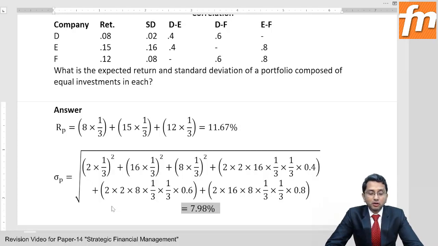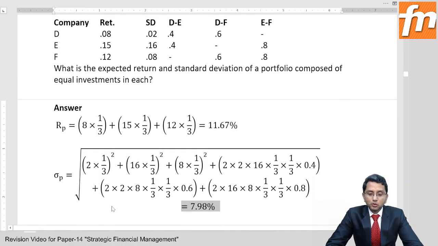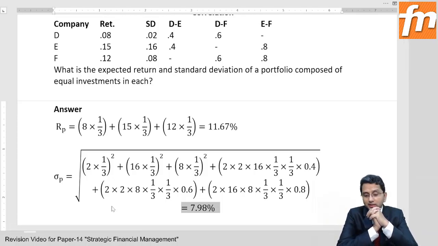The risk of a 2 securities portfolio itself was too complicated. So there is no shortcut as such for risk of a 3 securities portfolio. To identify a minimum risk portfolio for a 3 securities portfolio, there is only one way: make thousands and lakhs of combinations.